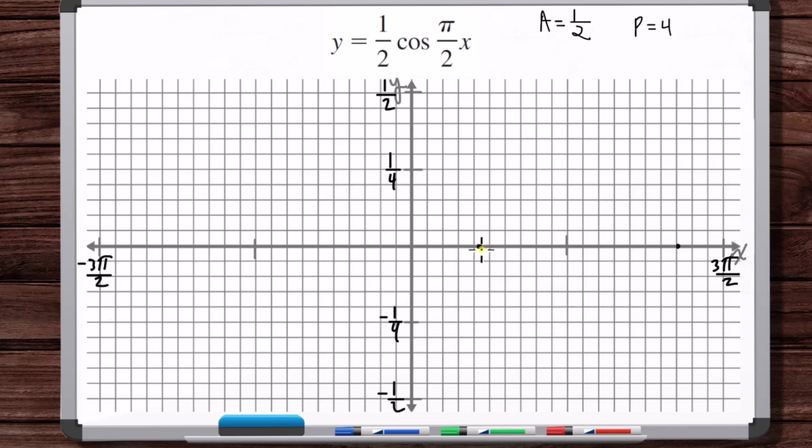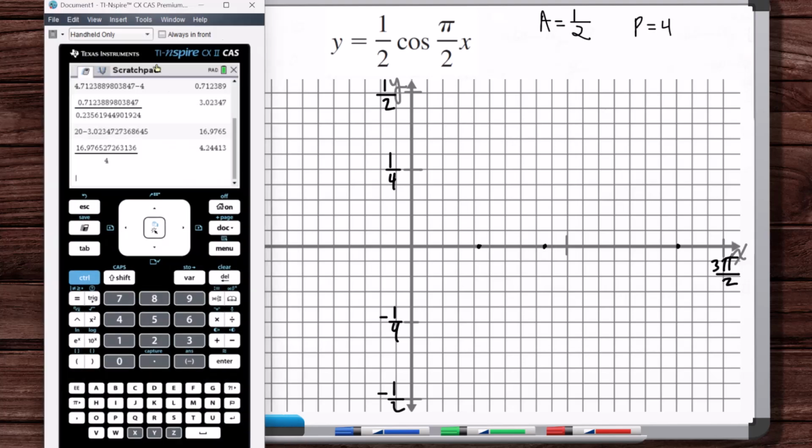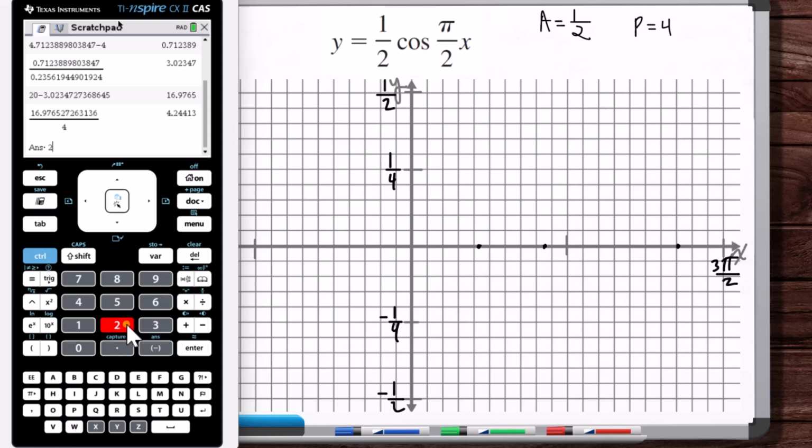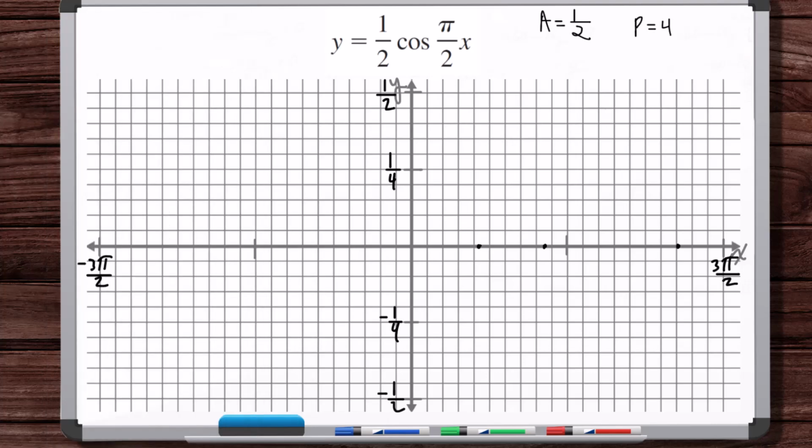And then 8.5. 10, 9, 8. And then let's see, times 2, and then plus another, about 12 and 3 quarters. So 10, 11, 12.